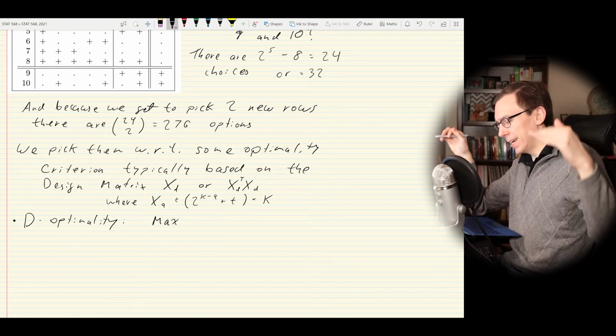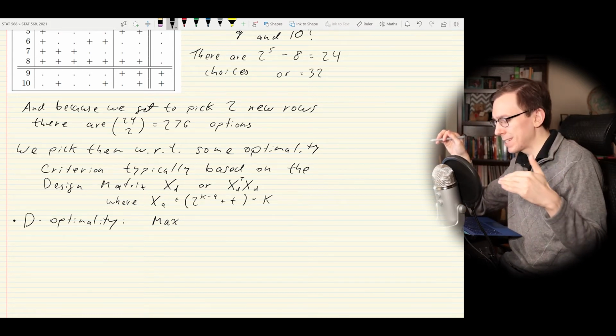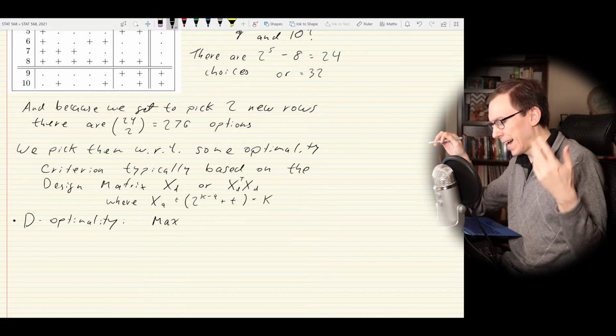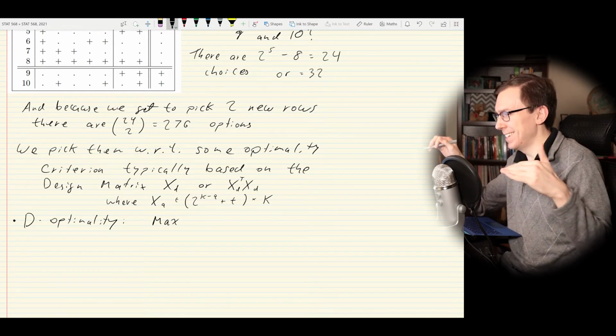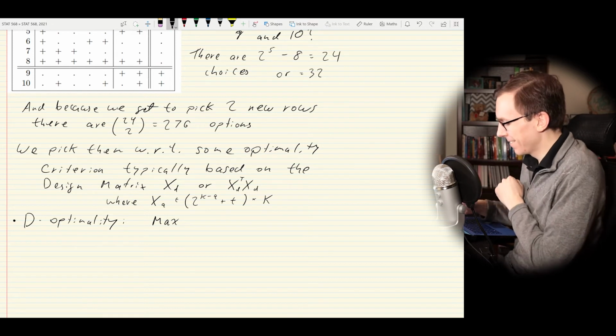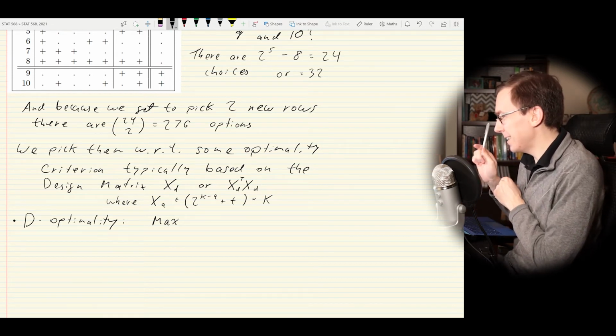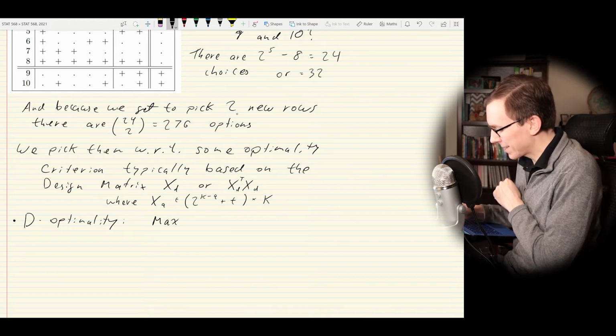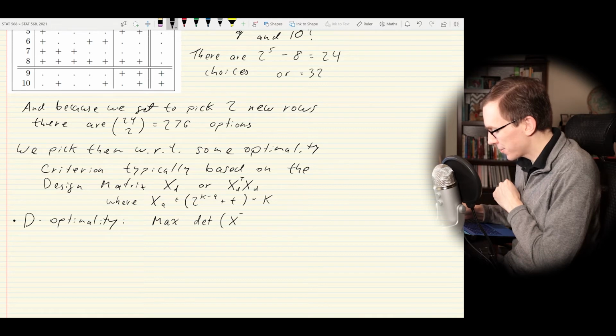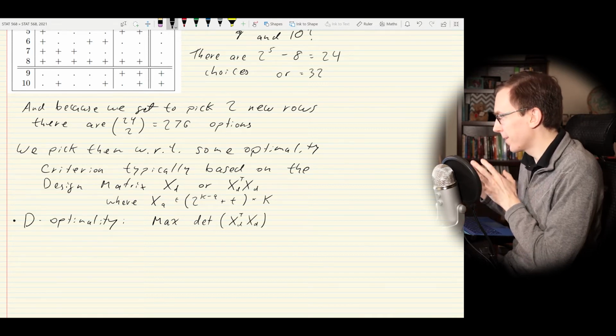Yeah, because we have 2 to the K minus Q treatments plus the extra T treatments that we're adding on. Oh, that's why I chose T, because it's an extra T treatments. Okay, so I did have a reason for doing that. Anyway, the idea of D-optimality is to maximize the determinant of X transpose X with little sub D floating around here.